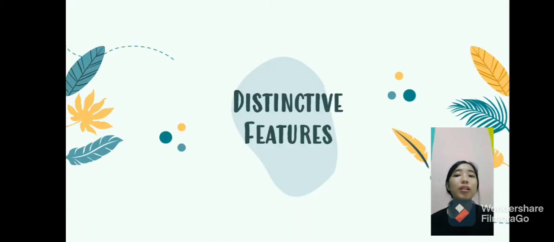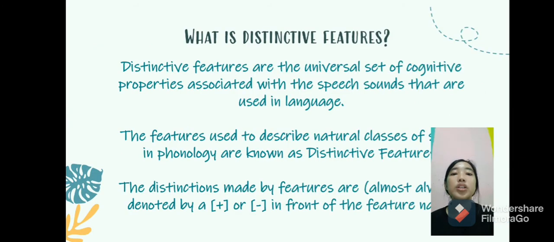So first of all, just like what I said before, we want to talk about distinctive features. I will explain it based on my knowledge. Distinctive features are the phonemes, very simply, that cover symbols and could be composed into smaller units.